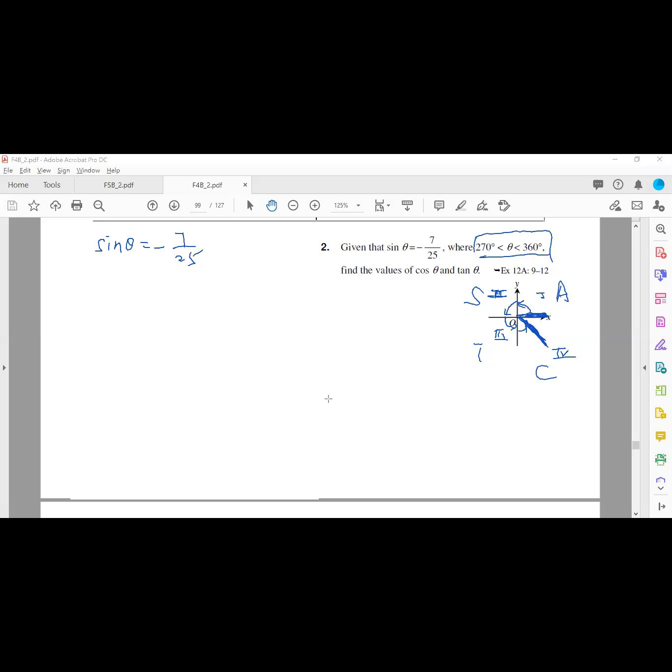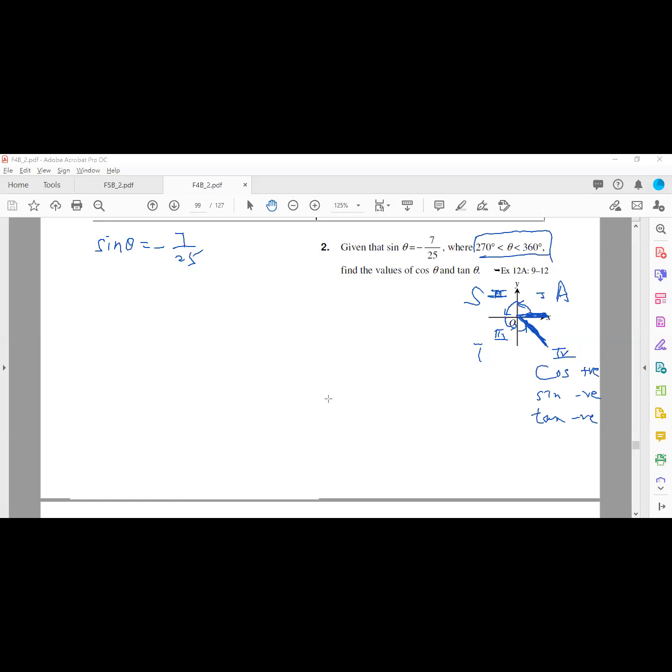C represents cosine is positive. Only cosine is positive. Cosine is positive means sine is negative. Tangent is also negative. I mean tangent theta and sine theta.